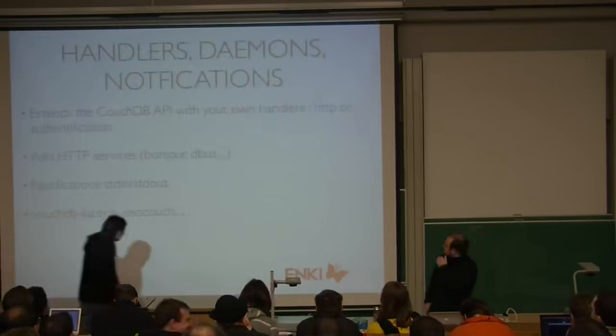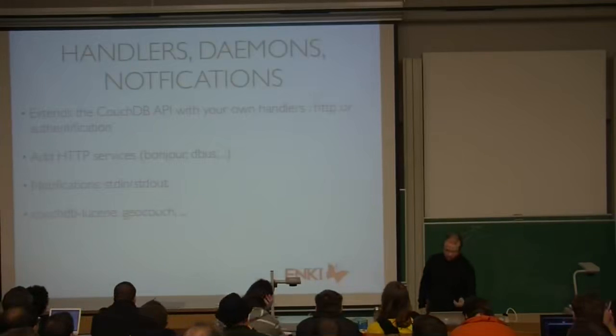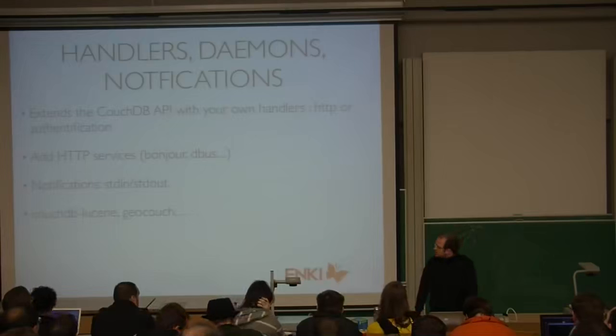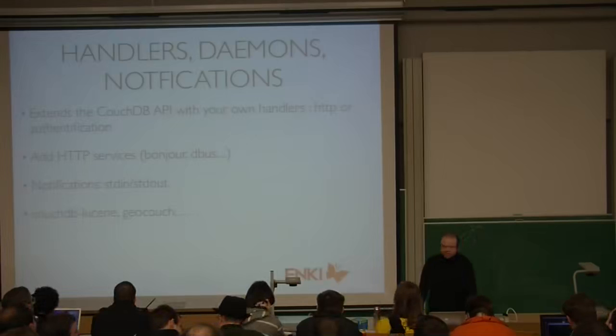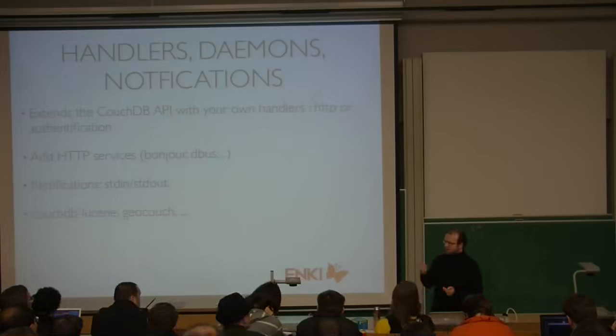And then daemons and notifications. So you can add scripts to your CouchDB, but you can also extend CouchDB with your own handler. All parts of the CouchDB application are in the configuration file. So the view is one handler, the show is another handler, lists are other handlers.